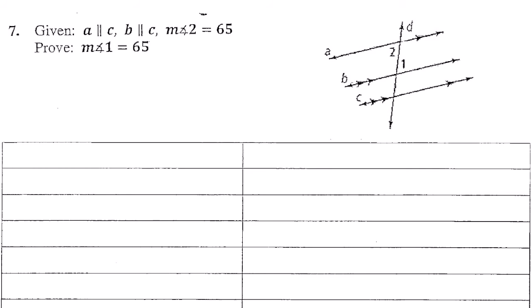So that's that one. I think it's pretty straightforward if you know what happens when you have 2 lines that are parallel to the same line, and then use some definitions of congruence, and then maybe some substitution or transitive property.